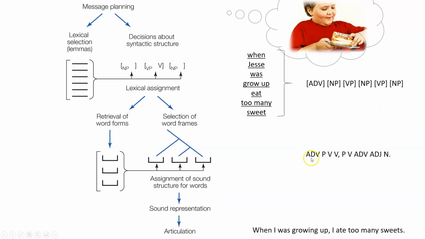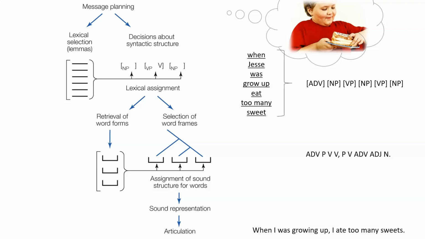So this would end up being something like an adverb and a pronoun, verb, another pronoun, verb, adverb, adjective, noun. Now I'm not sure I've got this right because I'm not good at diagramming sentences. I never really learned this process growing up, and I don't actually care that much about diagramming sentences. And so you just have to bear with me if you're really good at it and you recognize that I've made a mistake here. I don't care. The point isn't to get this precise.